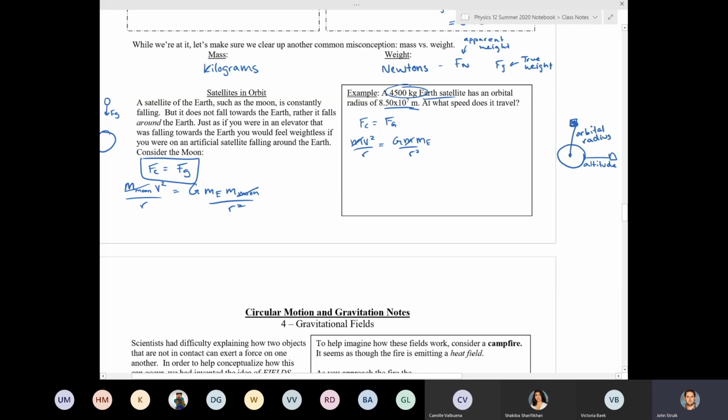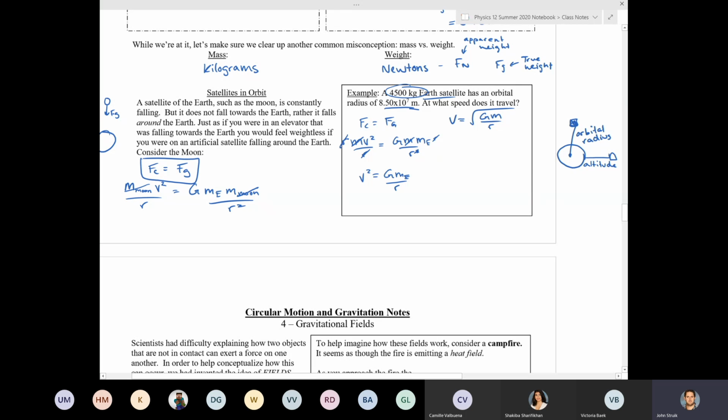And so the speed, which we're trying to find, we move this r over. That cancels that r out, and it cancels one of those r's out. So now we have v squared equals G M E over r, and then square root that. So v equals the square root of G M over r.